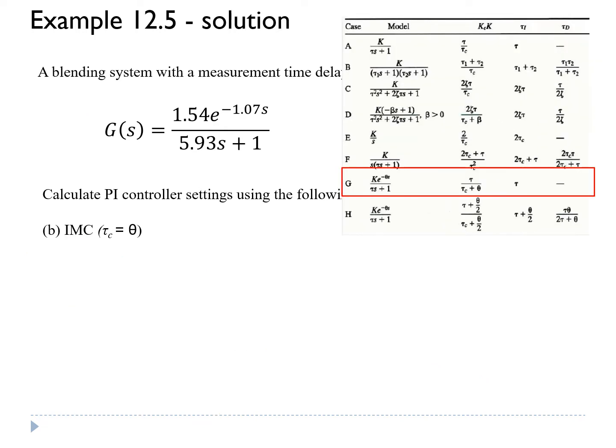Okay, next, using the same method IMC, but with tau C equal to the time delay, so your tau C equal to 1.07.